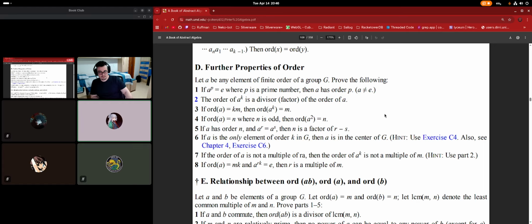You're saying the order of A is odd, which means the cycle has n different elements, right? Yeah, the cycle is odd.